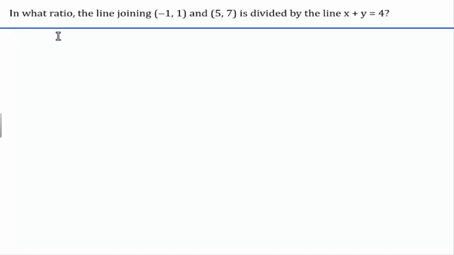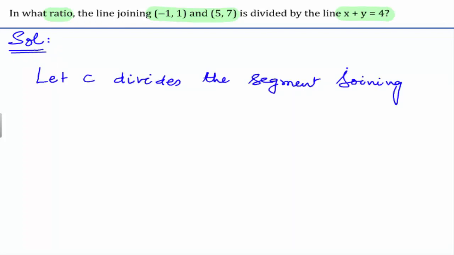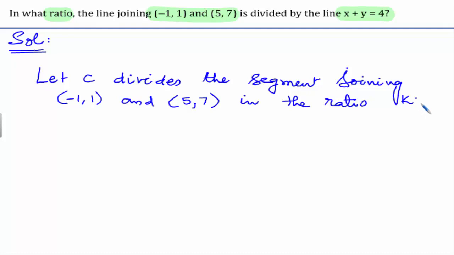In this problem, we have to find out the ratio in which the line segment joining these 2 points is divided by the line x plus y is equal to 4. Let us see the solution for this. Let us assume that C divides the line segment joining the points minus 1, 1 and 5, 7 in the ratio k is to 1.